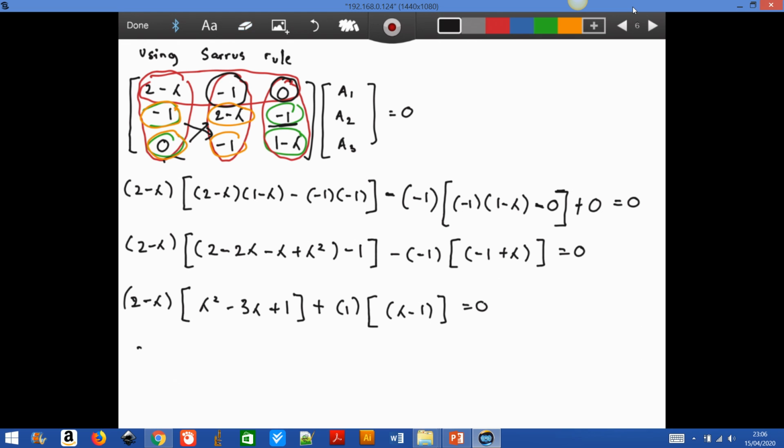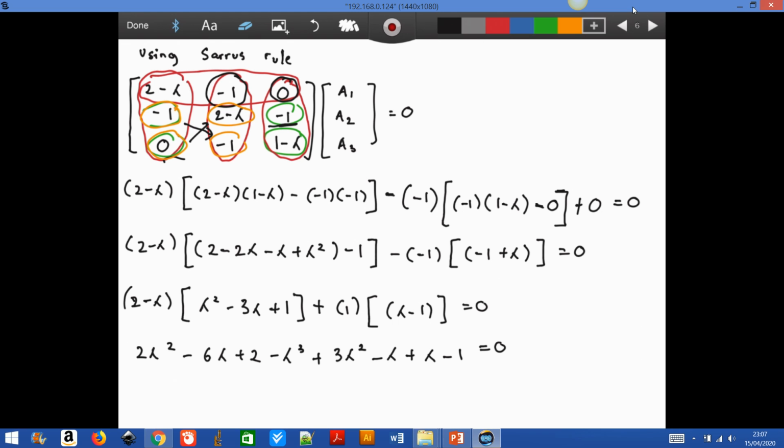And then it becomes 2 lambda squared minus 6 lambda plus 2 minus lambda cubed plus 3 lambda squared minus lambda plus lambda minus 1 equals 0.